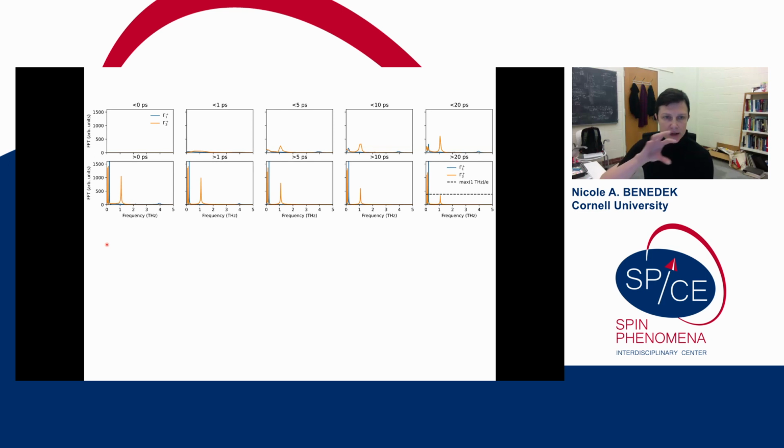This data set comes in two parts. So the top panel, this is just the spectra of the Raman modes. The top panel shows the Fourier transform taking only the first picosecond, 5 picoseconds, 10 picoseconds, etc. of data.